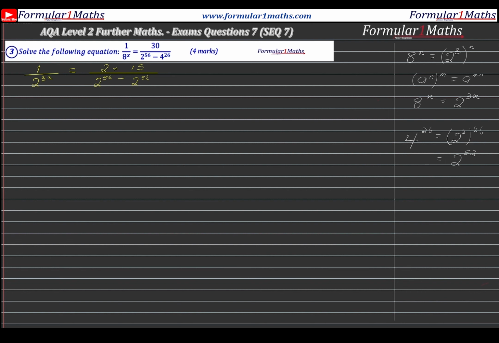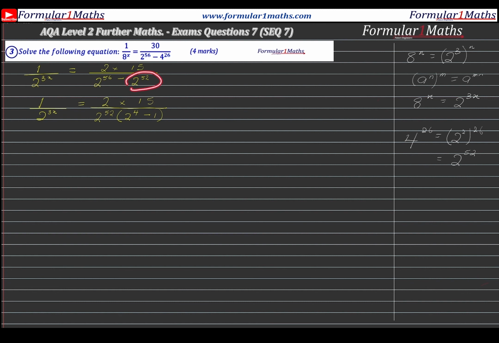Then I'll do a further simplification by saying 1 over 2 to the power 3x is equal to 2 times 15 over 2 to the power 52 bracket 2 to the power 4 minus 1. So I've just factorized the denominator right here.